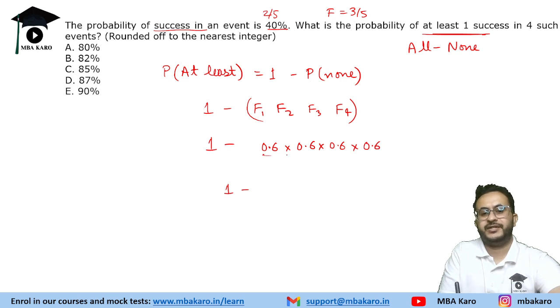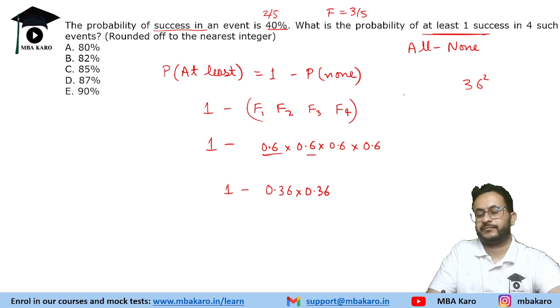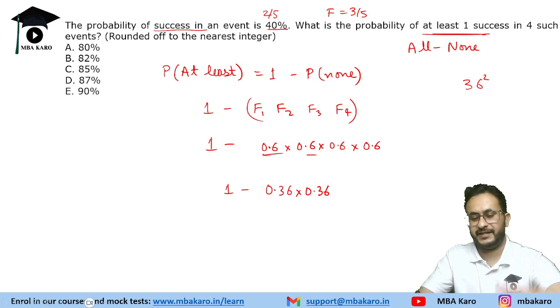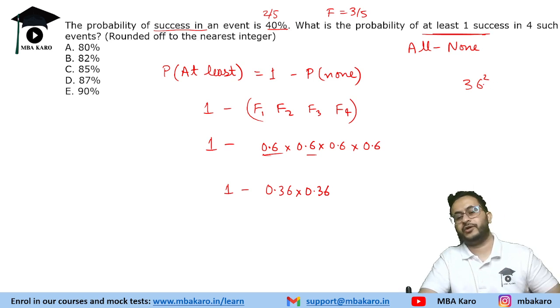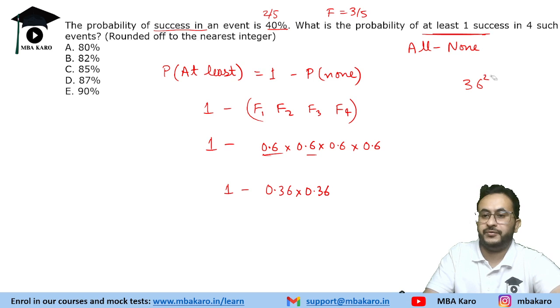So 0.6 into 0.6 is 0.36, and this is again 0.36. What is 36 square? I'll tell you a way to calculate this if you do not know 36 square. First of all, find the difference from 50, so 50 minus 36 is 14.